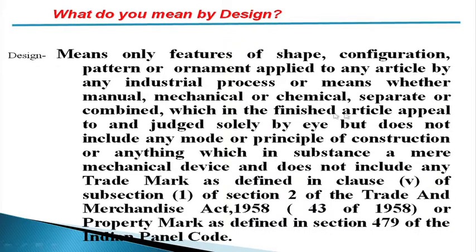So, chemical, separate or combined, which in the finished article appeal to and are judged solely by the eye. In the finished article you should not consider other elements like technical or functional features. Those features judged solely by the eye, the eye-appealing features, come within the purview of industrial design.